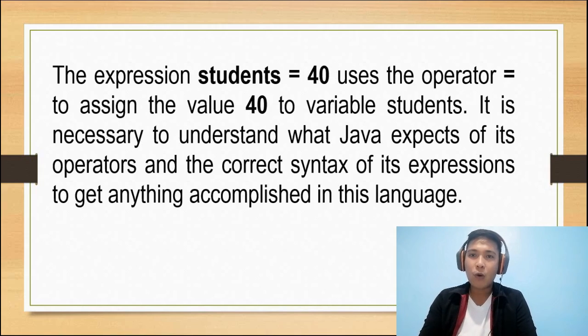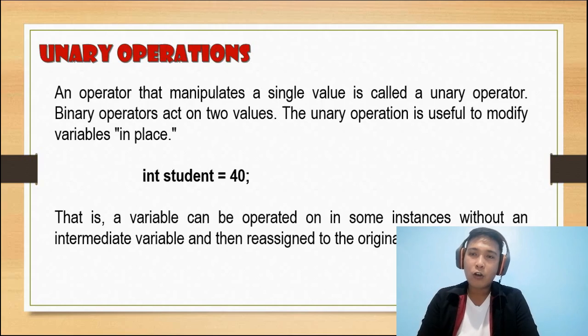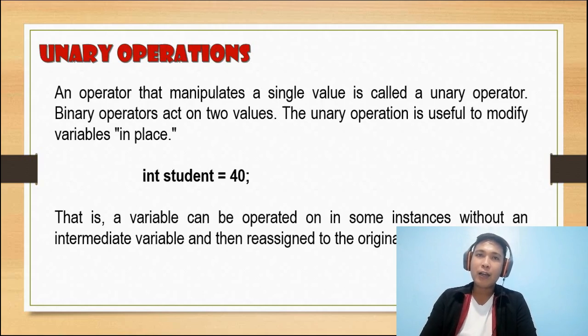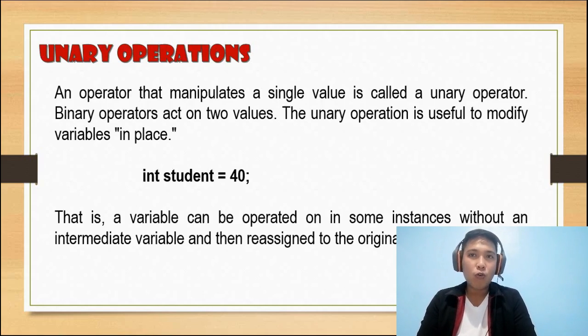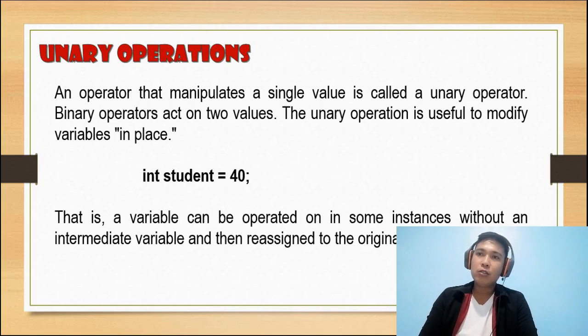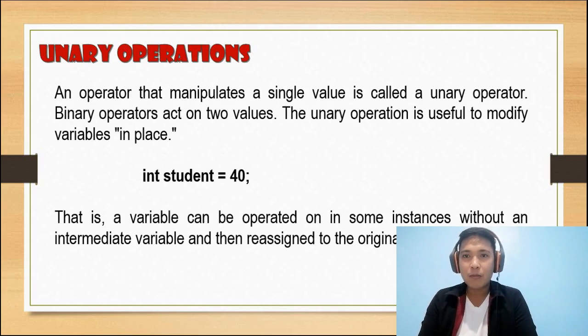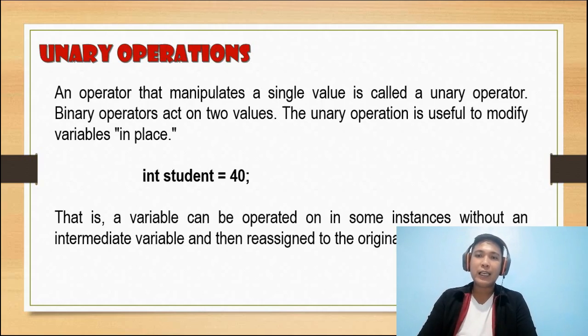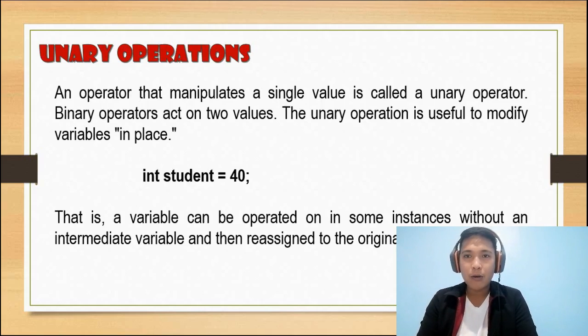So we have what we call unary operators. An operator that manipulates a single value is called a unary operator, whereas binary operators act on two values. The unary operation is used to modify variables or to change the initial value of our variables.